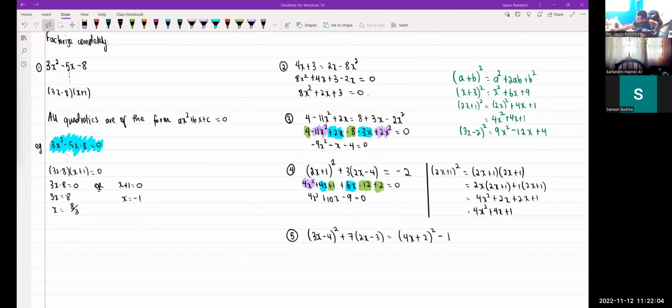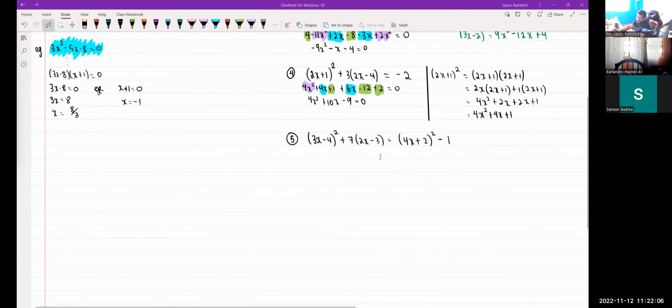So for this one, if you use the shortcut, no problem. If you use the long cut, no problem. I'm going to use the shortcut for both squared brackets. When I use the shortcut for the square bracket on the left, I have to square the first term, which will work out to be 9x squared.